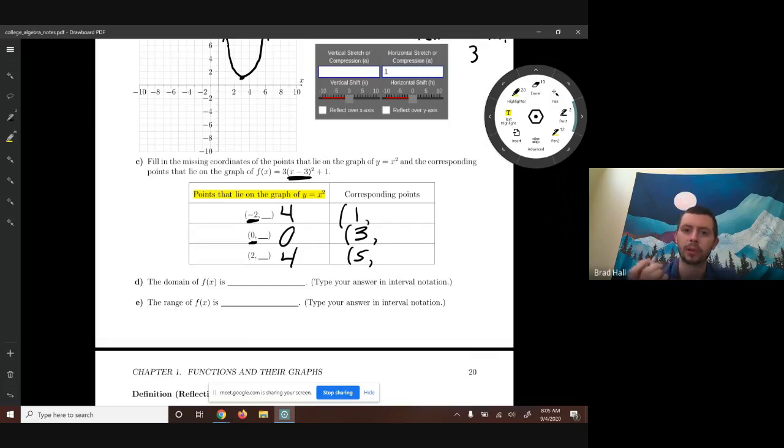And now they want you to plug all of those x values into the function up here. So if we plug in 1, let's see, that's going to be 13. If you plug in 3, that's just going to be, looks like 1.